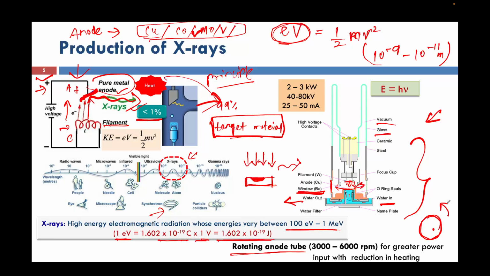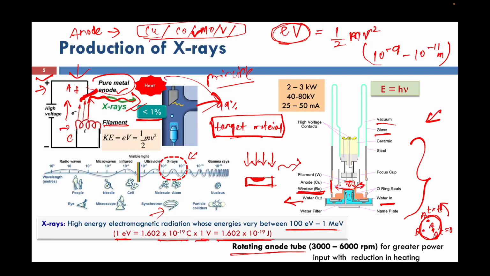When my electrons are hitting at this point, but it is rotating, then after some time, let's say I am talking about my point A, after some time my point A will be at this position, right? So another point, let's say point B, will be in this direction. At time t equal to 0, my A is this, B is this. Then at time t equal to t dash, my A will be here and my B will be occupying this position.